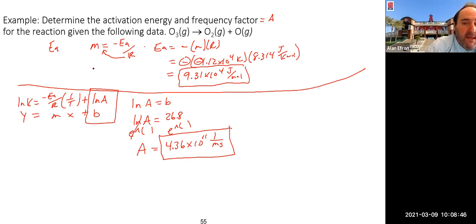Again, probably some type of graphical program like Excel would be a good way of doing this. Now, we don't always want to do graphing, and we don't have to in all situations. We can do a mathematical version of this as long as we have 2 points along that line. If we have information about 2 points along that line, we can solve it more mathematically than graphically.